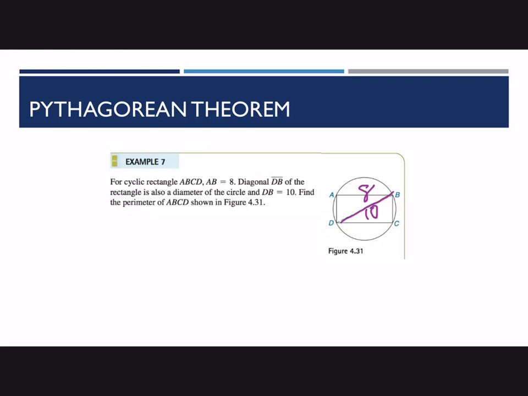Okay, and since we know it's a rectangle, we know that this is a right angle, so we can use Pythagorean theorem to find this missing other width of the rectangle. Okay, so if you work that out, you'll see that that equals 6. Right, and then the perimeter of the rectangle, you would add up 2 times 6 and 2 times 8.